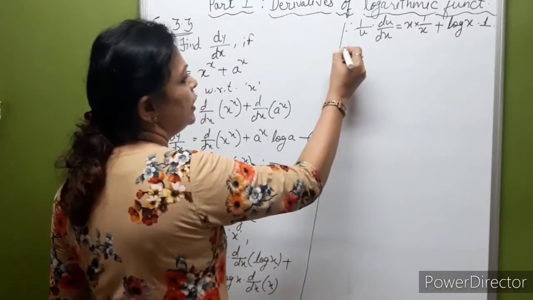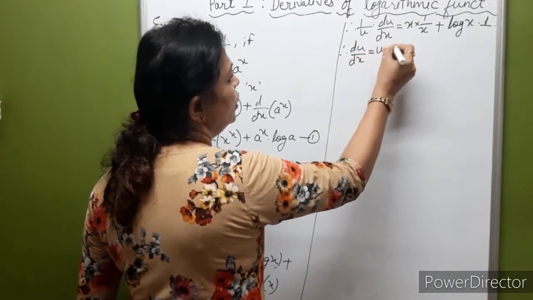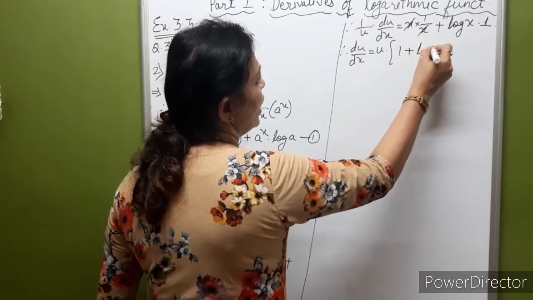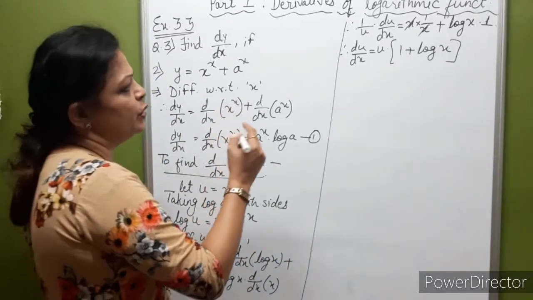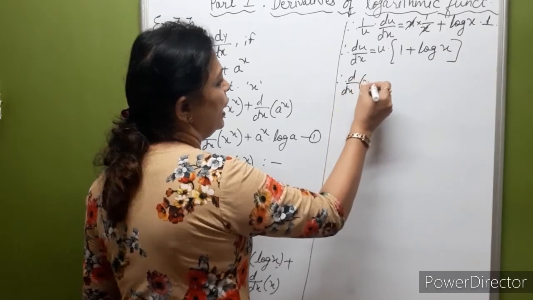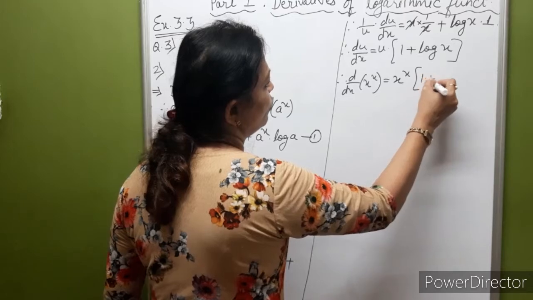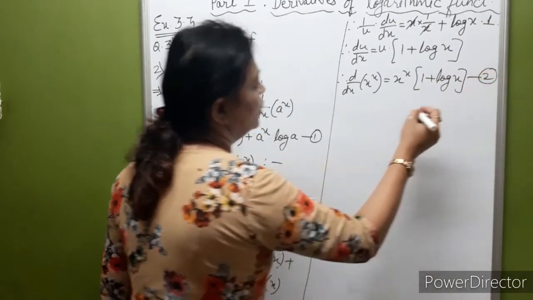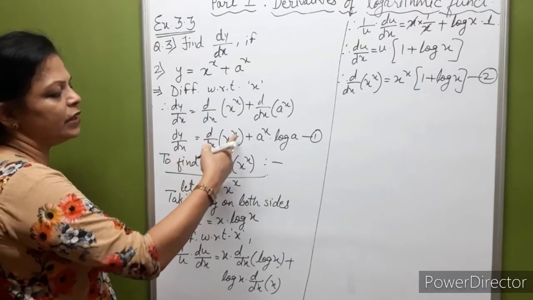Now take u on that side. So you get du by dx is equal to u into, this x gets cancelled, 1 plus log x. Correct? Now resubstitute the value of u. So d dx of x raised to x is equal to x raised to x into 1 plus log x. So we have got the value for d dx of x raised to x.